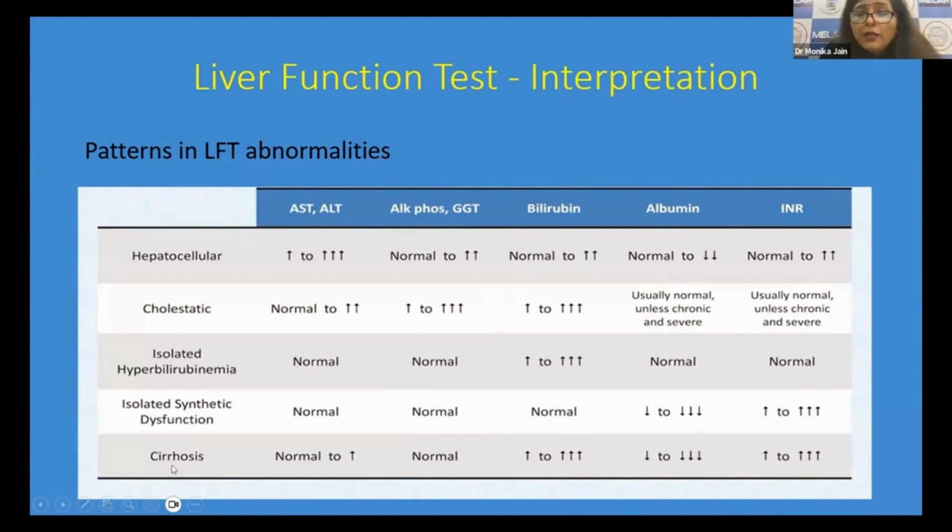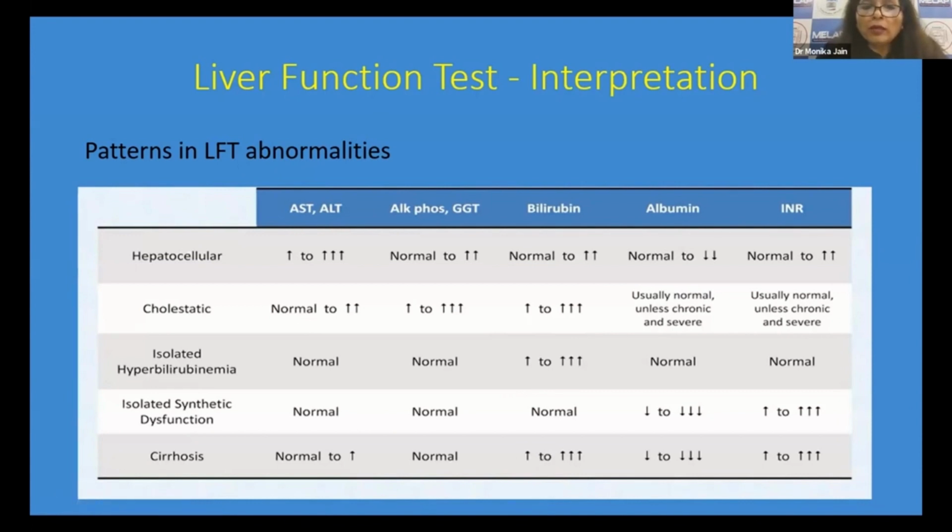This is very important to understand: in case of cirrhosis, you can see maybe normalization of all these parameters, AST, ALT, alkaline phosphatase, and mildly raised bilirubin. Even the bilirubin may be normal in compensated cirrhotics.